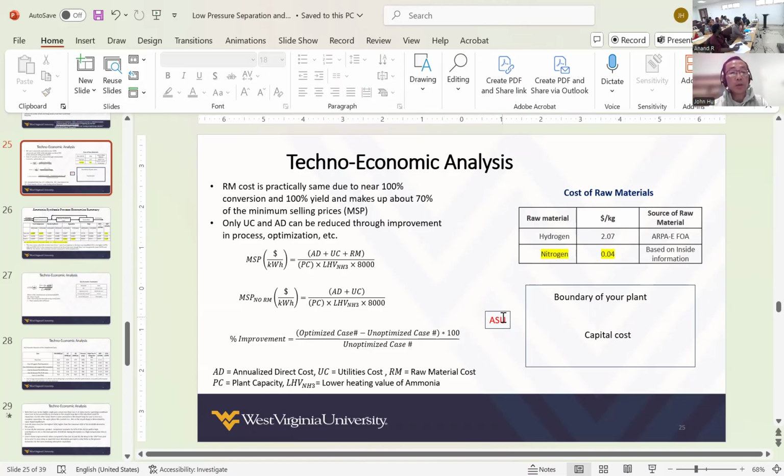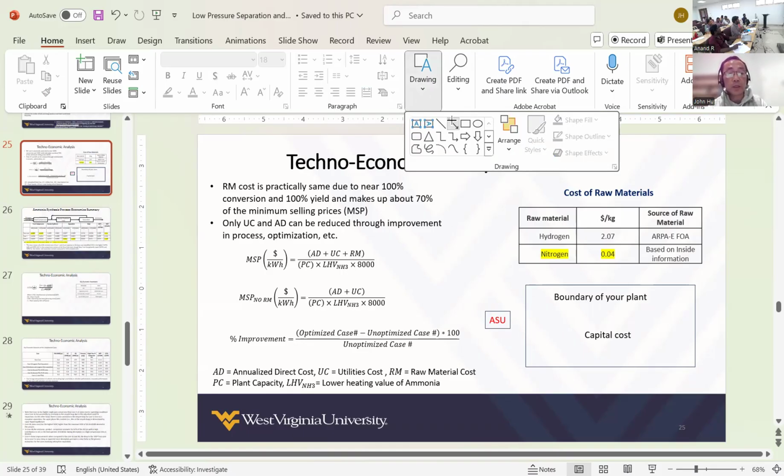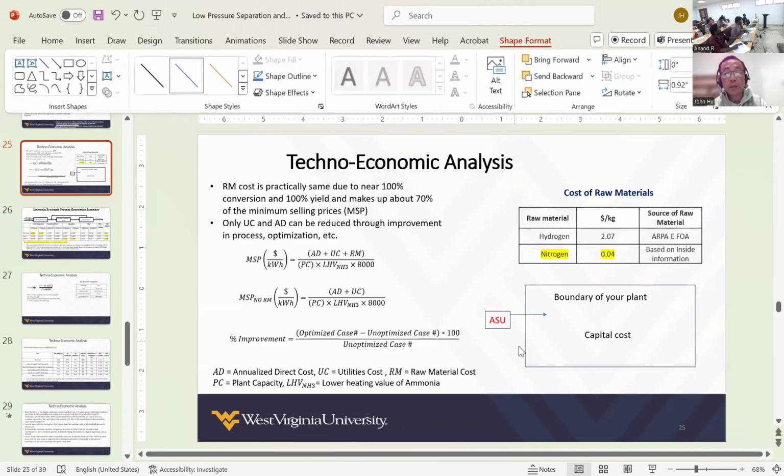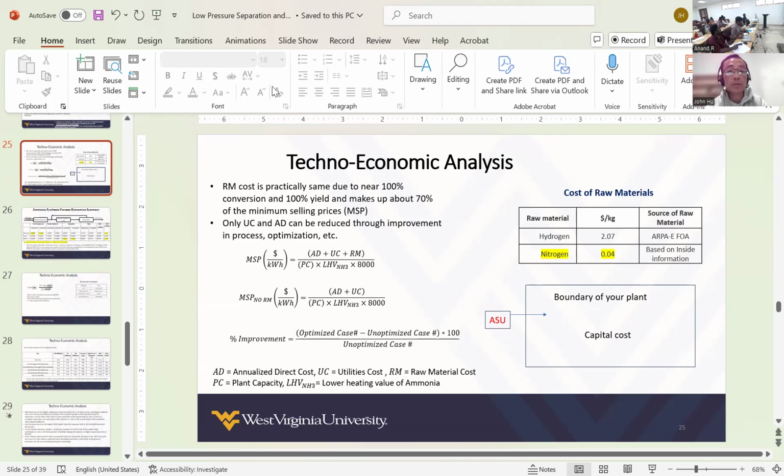So you can talk to an ASU company, saying, "Hey, you build this outside my fence." The company will ask, "What's the benefit?" The benefit will be that I have a contract with you for 20 years, paying you 4 cents per kg for 20 years. The company calculates, "If I have a guaranteed 20-year purchase, selling nitrogen at 4 cents per kg, I'm going to make money."